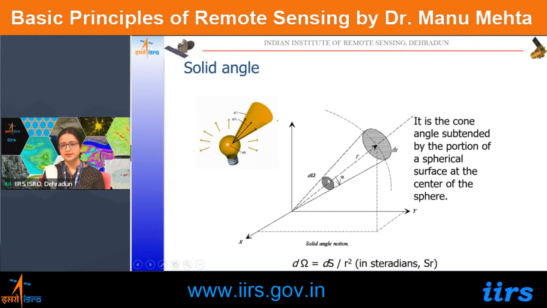So by definition, d omega is equal to this area ds divided by the square of the radius to keep it dimensionless. The units are steradian. Radian is the unit of angles in 2 dimensions. St refers to 3D, so the name steradians. SR is the depiction.